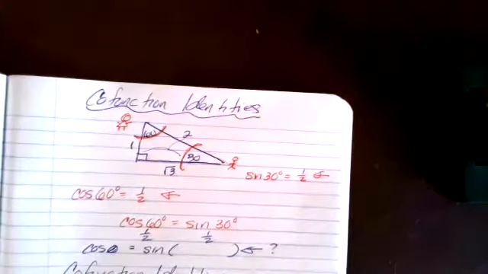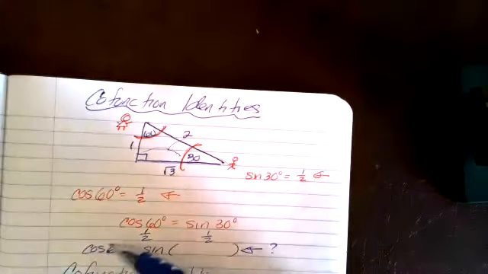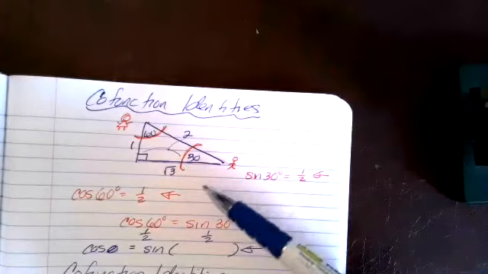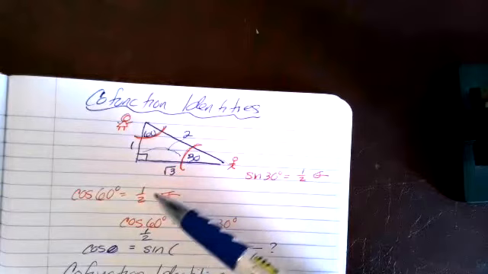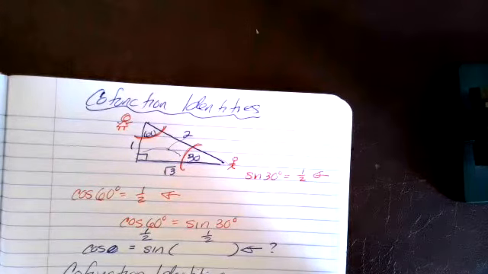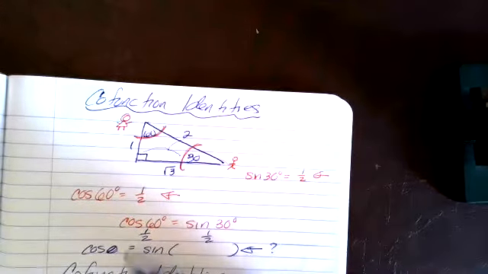What would I put in there? I wouldn't put theta because it wouldn't be the same angle. I wouldn't say cosine of 30 is equal to sine of 30. That's not true. The cosine of 60, that's what I have here, is equal to the sine of what? It's the sine of 30, but how am I getting 30?